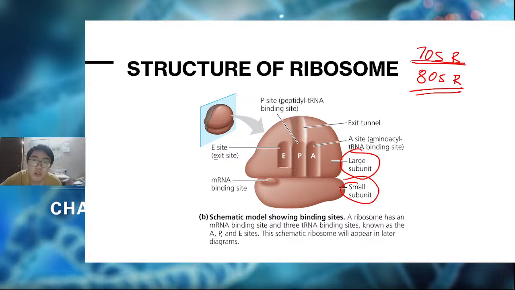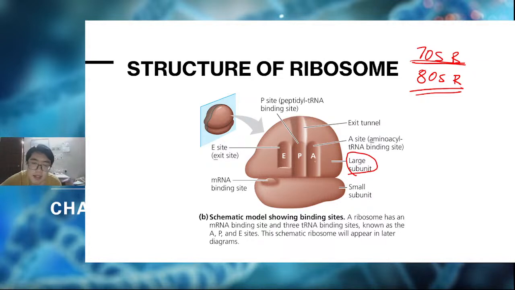For the structure of the ribosome, look at this structure. The main structure is this. You see there are holes like this, known as the A site, P site, and E site. These sites are located at the large subunit of the ribosome.